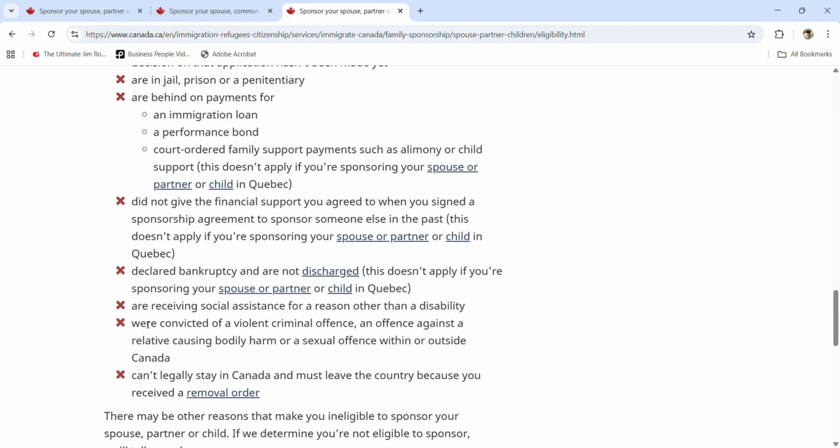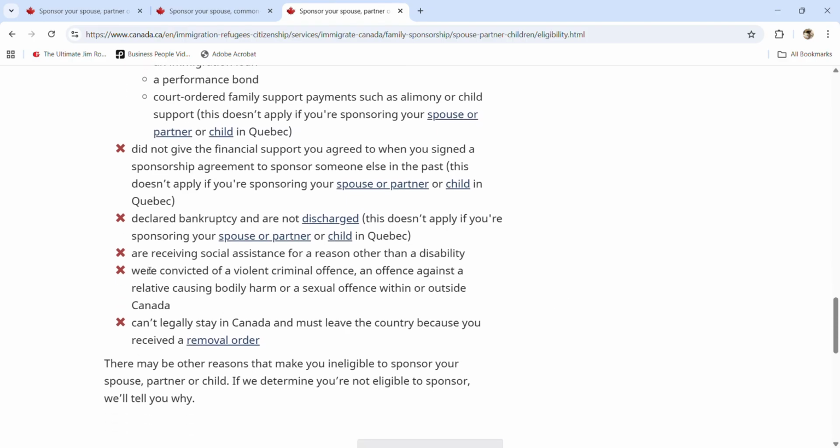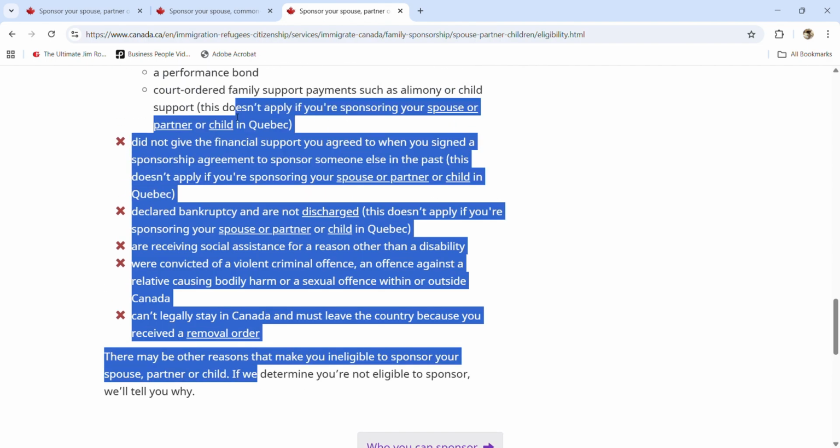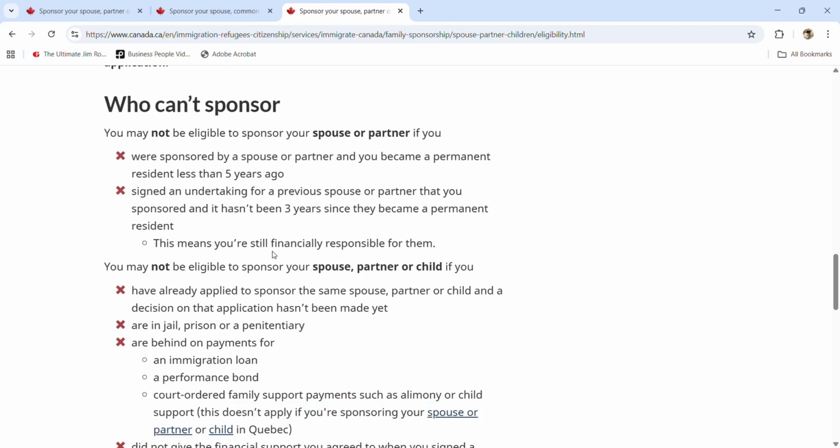Okay, and the next one is you are not eligible to be a sponsor if you were convicted of a violent criminal offense, or you can't legally stay in Canada and must leave the country because you received a removal order. Okay, so in those situations, you are not eligible to sponsor your spouse or partner or your child.